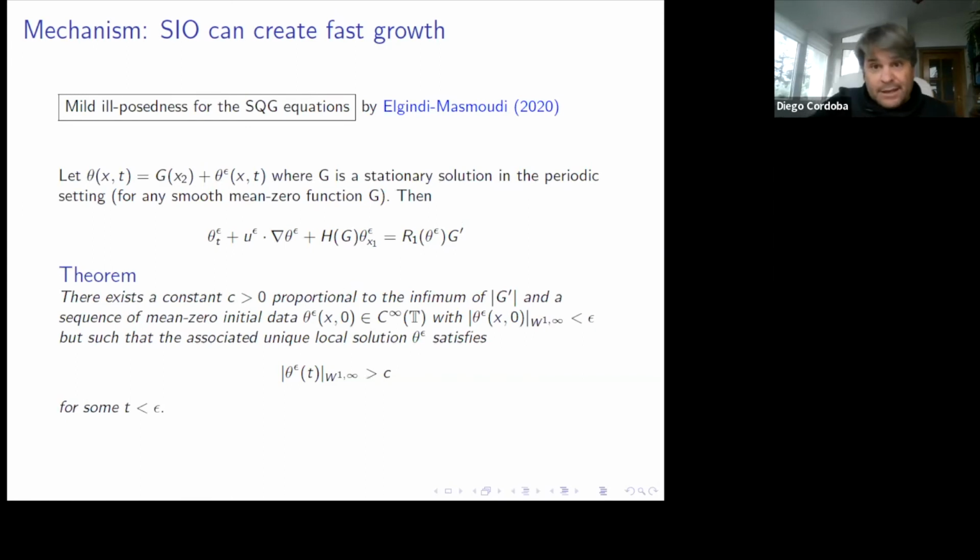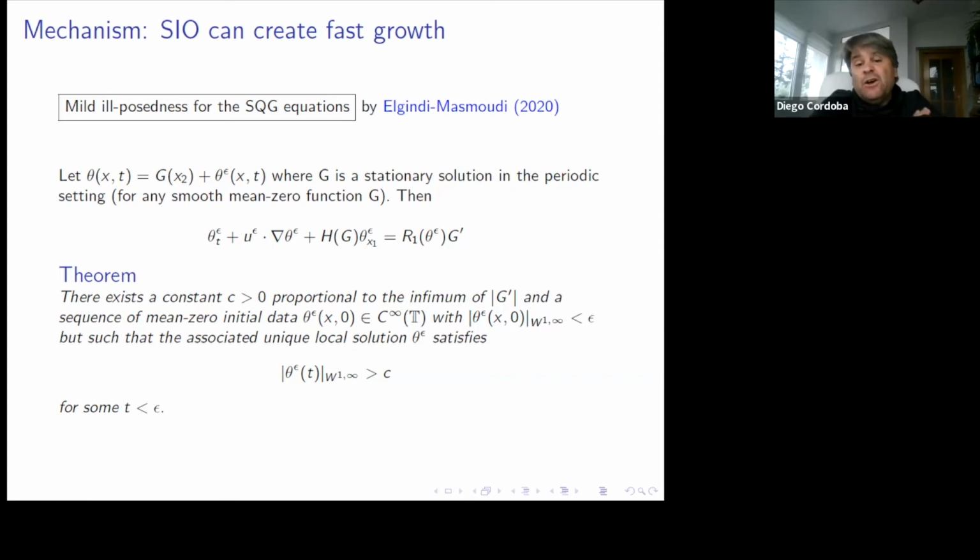So now the question comes: what happens with SQG? Do we have a similar result? In 2020, Jeong and Kim made a perturbation of a function that depends only on x2.